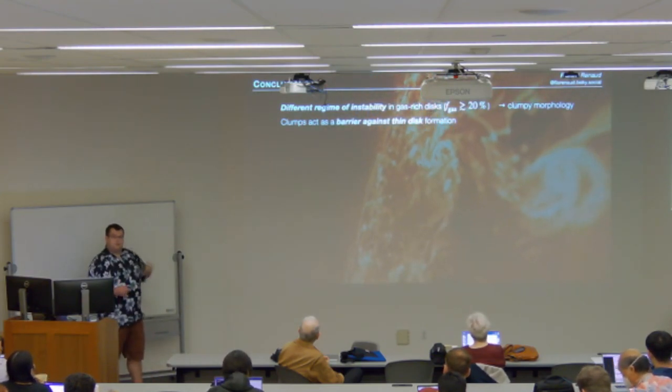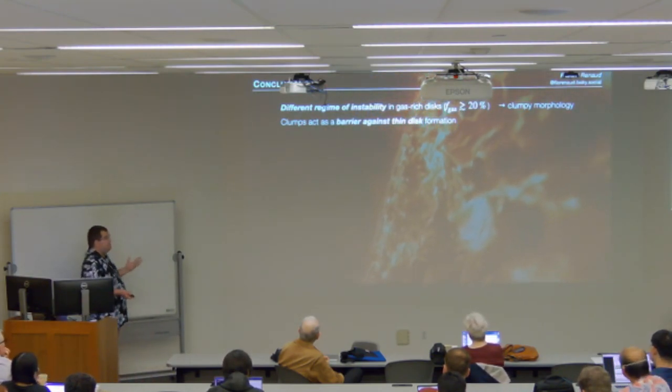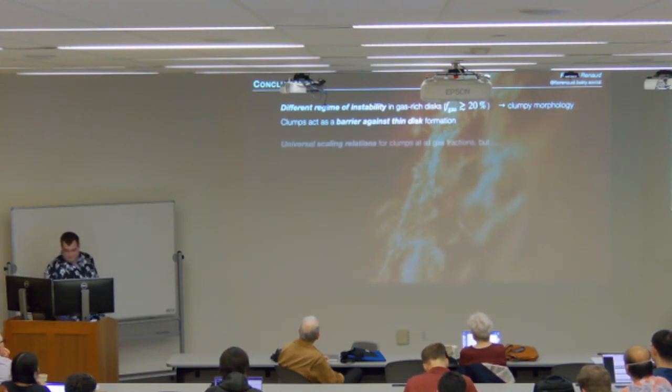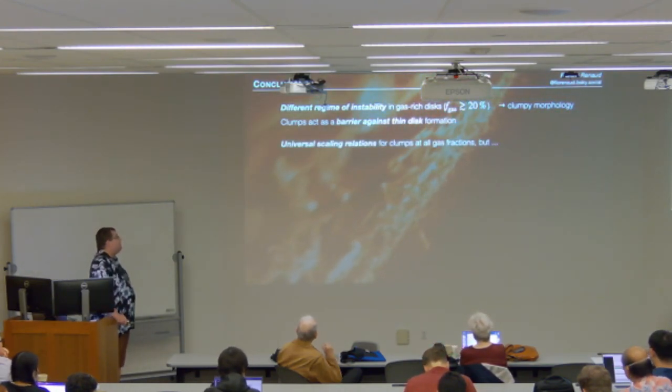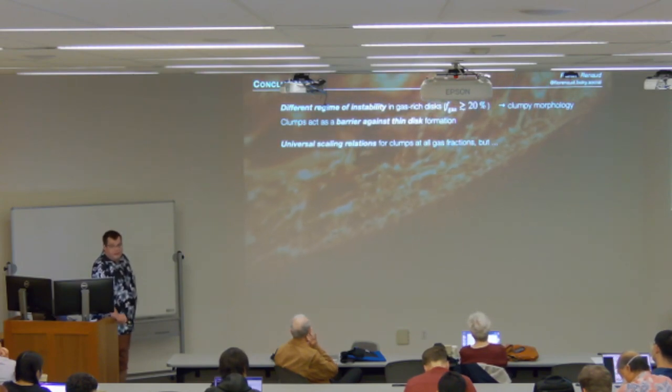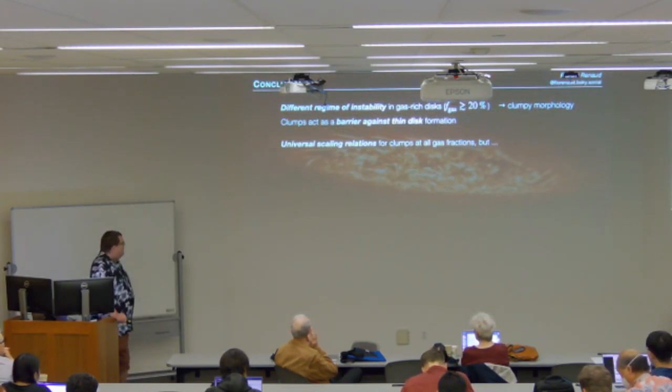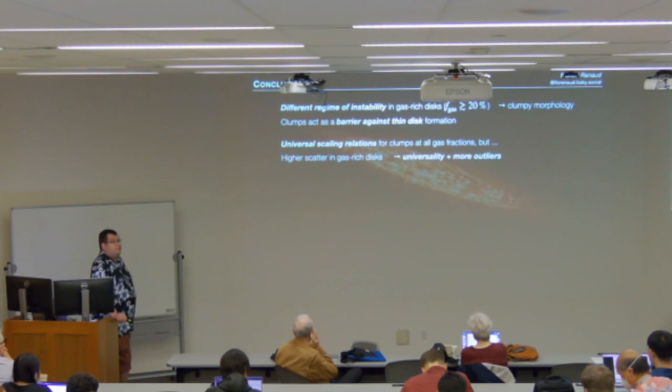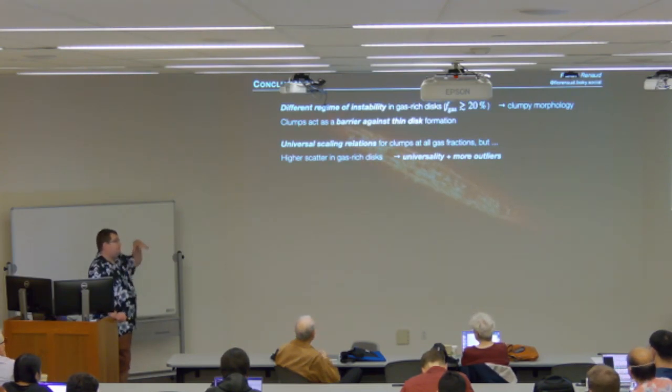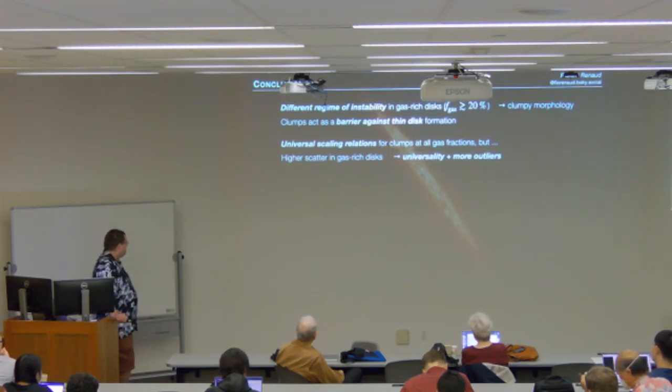Interestingly enough, galaxy mergers do the same, and maybe in the Milky Way, the two effects happen at the same time. We have universal scaling relations for clumps at all gas fractions, but we have a higher scatter in gas-rich disks. It means that we have some sort of universality and more outliers in gas-rich clumpy galaxies.